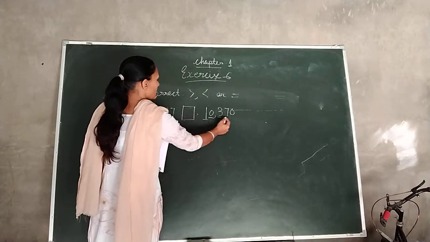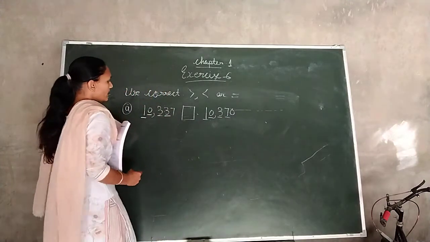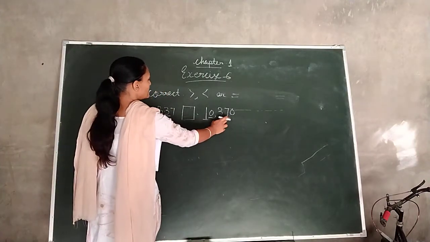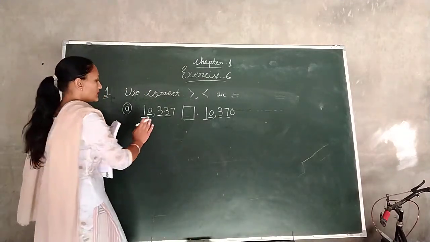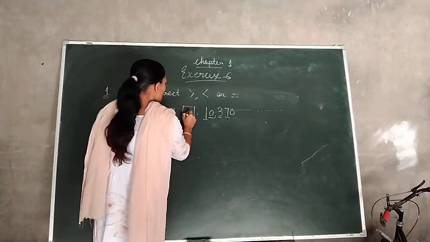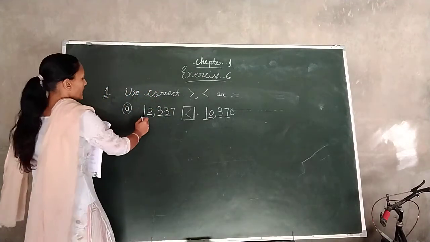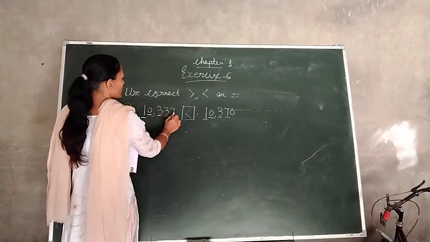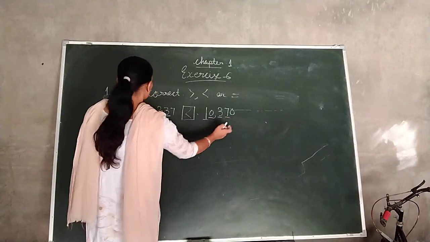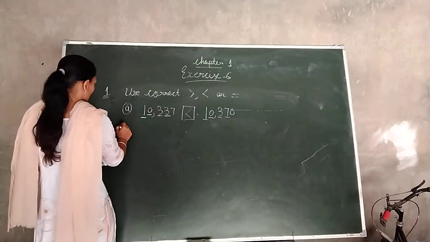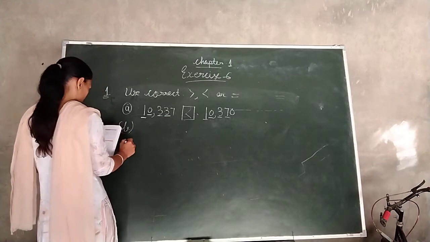Then we will compare the digits in the tens place. Here we have 3 tens, here we have 7 tens. 3 tens is less than 7 tens. So this number is less than this number. 10,337 is less than 10,370.